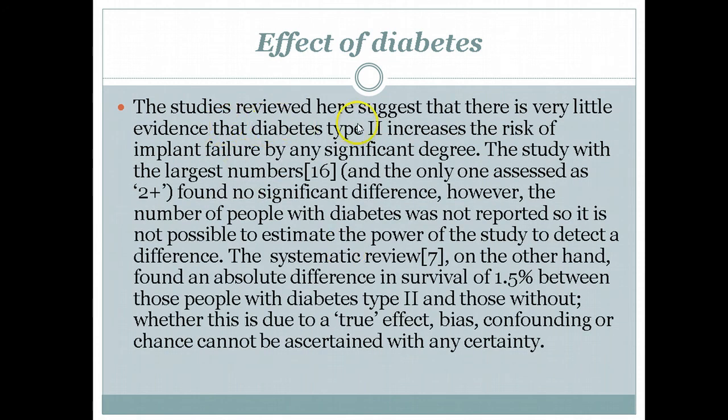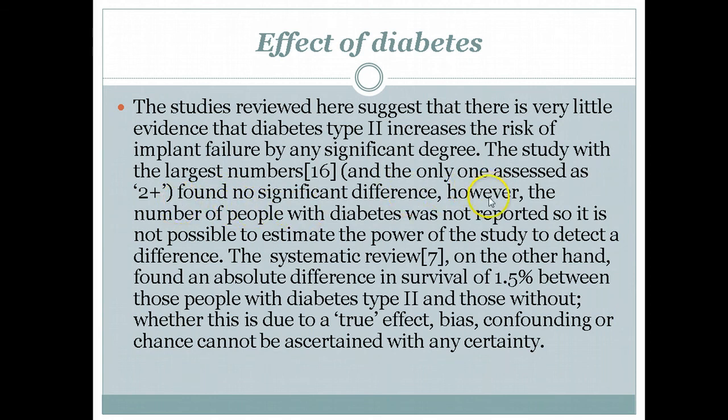The studies reviewed here suggest that there is very little evidence that type 2 diabetes increases the risk of implant failure by any significant degree. The study with the largest number found no significant difference.